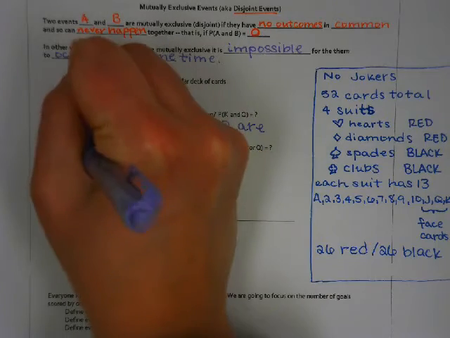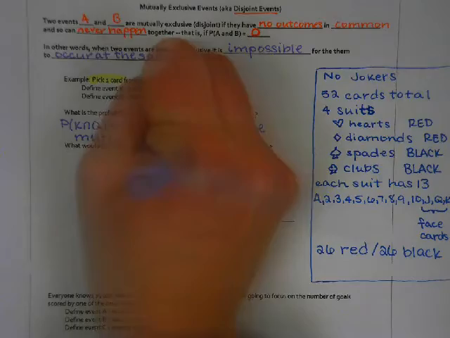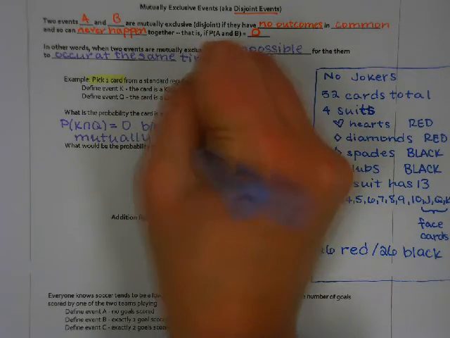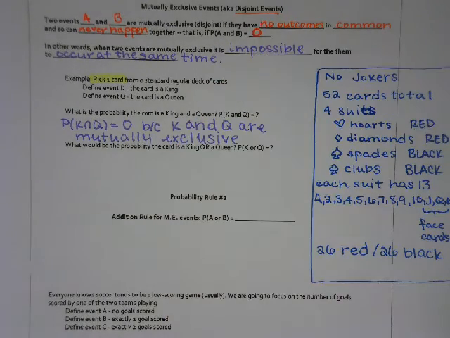They can't happen at the same time. Now, even though they're mutually exclusive, we can find the probability that the card is a king or a queen.